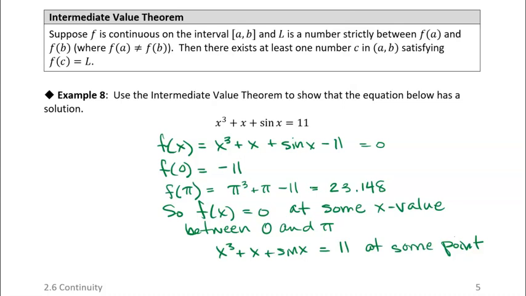Now we could probably take different values of x and narrow it down, get closer and closer to 0 at some point. We had to be able to find some value between 0 and pi. So we could do it by trial and error and find the solution. But we know based on those 2 points that the solution must exist. So, all right. That's all there is for this section, and I'll see you in class.